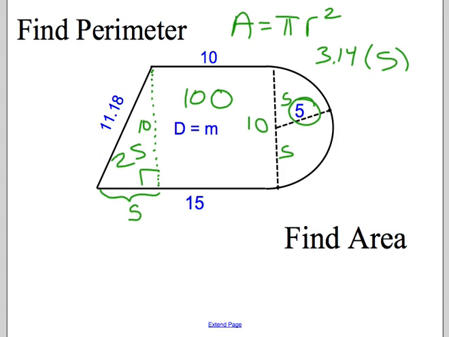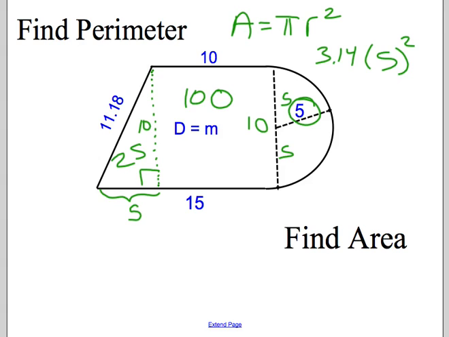5 squared. Now a mistake that I saw a ton on this last test, with not your class but the other two pre-algebra classes that were taking test 15 I think, is there was a problem set up like this where they plugged in values. You know what they were doing? They were taking 3.14 times 5 and then squaring that.